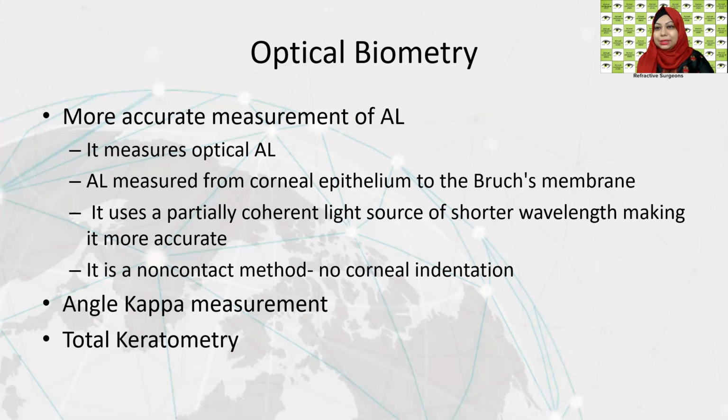So obviously the patient compliance is much better, but more important than that, there is no chance of corneal indentation. So the axial length is more accurate. Also, we can have a measurement of the angle kappa here. Why is this important? We will talk later. And we also get a total keratometry from the newer biometry machines.